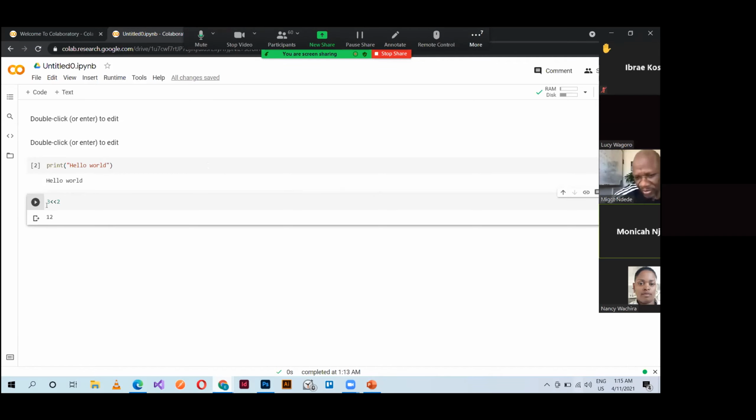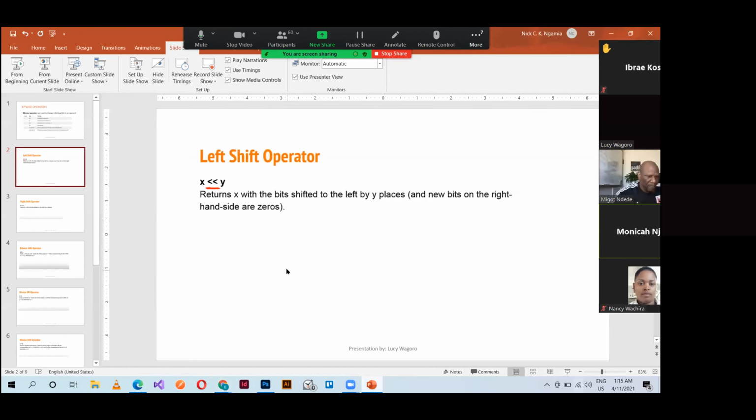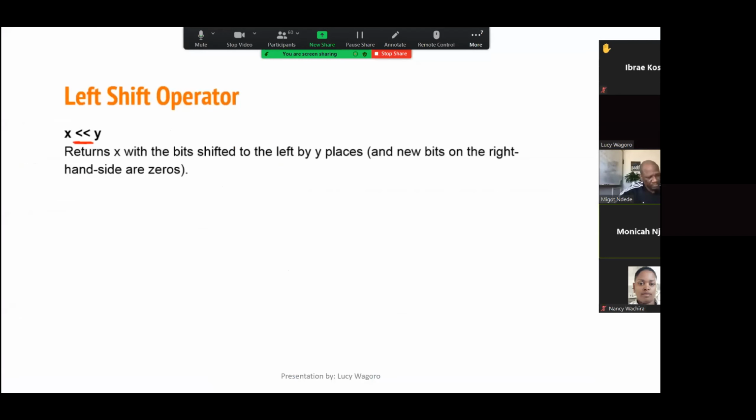Thank you. So we are having 3, and then left shift 2 gives us a 12. So it's calculating bitwise, not in decimal or base 10. And that explains what left shift does.